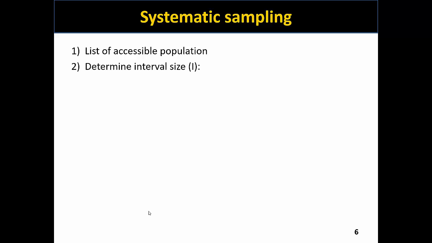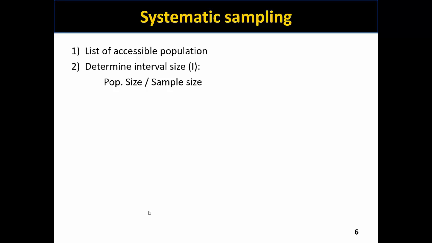Beyond simple random sampling, in most research studies, realistically, obtaining a sample has to follow some other systematic type of approach. And so systematic sampling involves a process in which the accessible population is first identified. Then the researchers determine what's called an interval size in order to begin the process of sampling from that population.